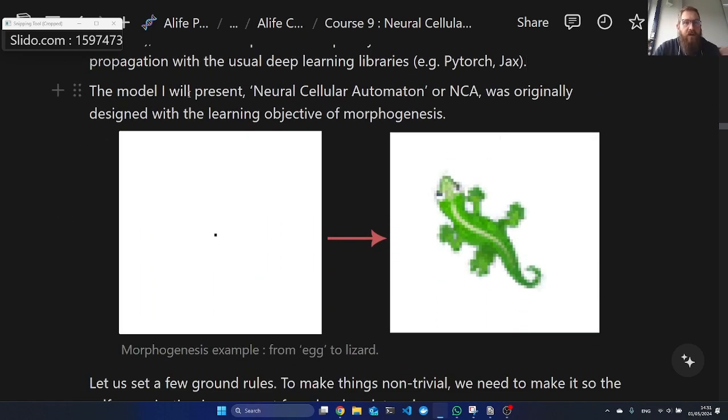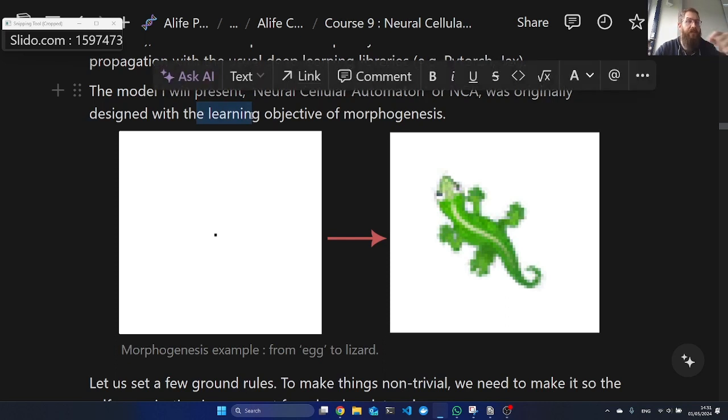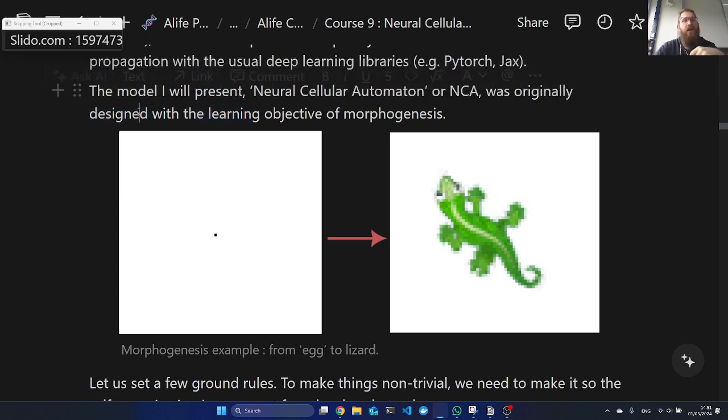So the model that we're going to talk about today, and it took quite a bit of time to arrive here, but here we are, is a neural cellular automaton, and it does precisely that, right? It's designed keeping in mind that the goal is to learn morphogenesis. The learning objective is really morphogenesis.